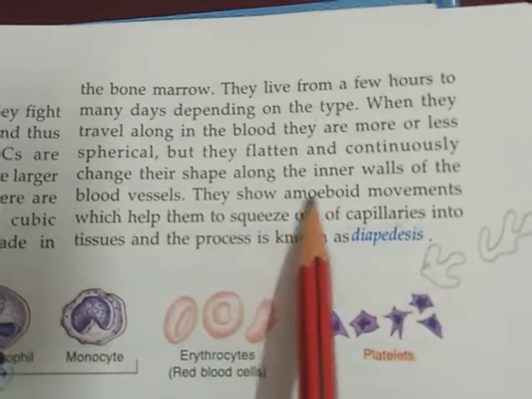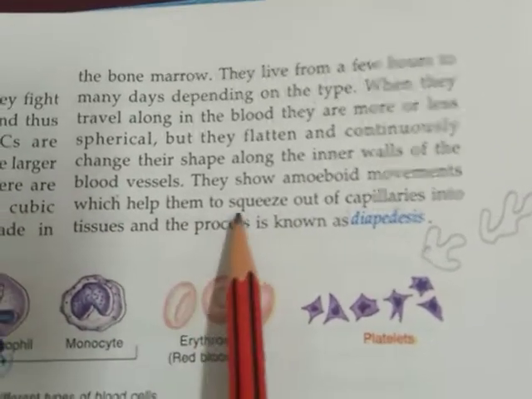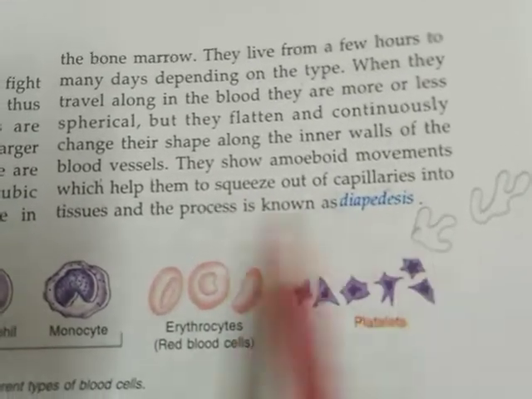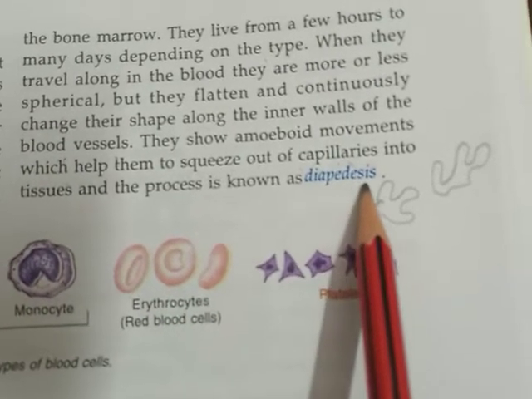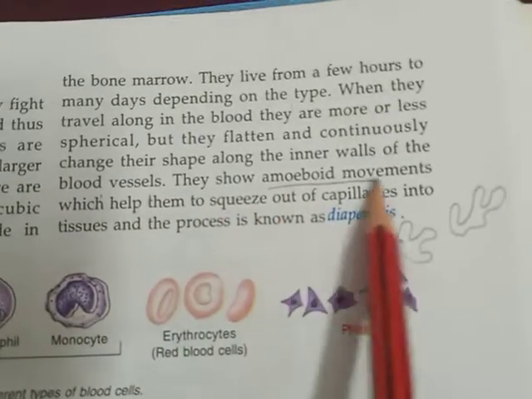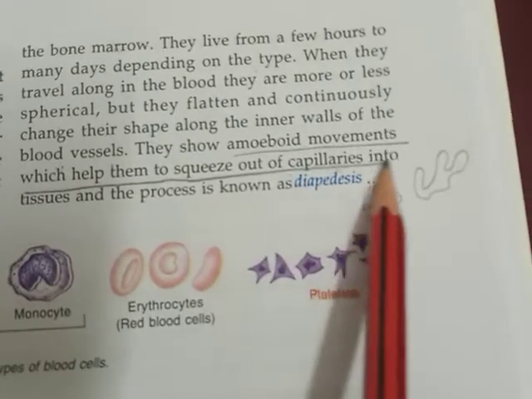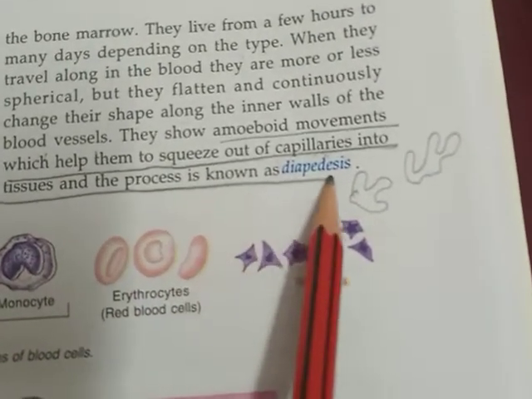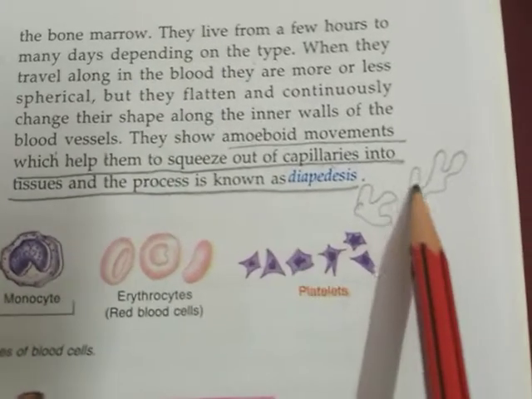And this amoeboid movement helps the white blood cells to squeeze out of the capillaries, to come out of the capillaries into tissues, and this process is known as diapedesis. This is very important, children. Underline that the amoeboid movement helps the white blood cells to squeeze out of the capillaries into the tissues, and the process is known as diapedesis. So this is the definition of diapedesis. Amoeboid movement.